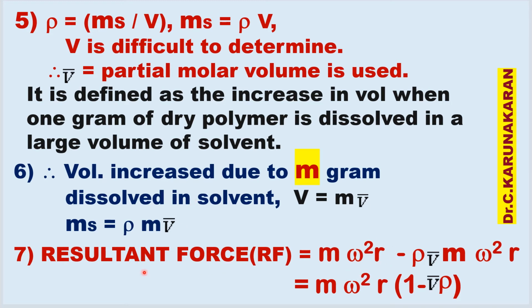Now, the resultant force equals centrifugal force minus buoyant force. Let us substitute ms here: rho m V bar omega square r. Let us take m omega square r common out. Therefore, 1 minus V bar rho.